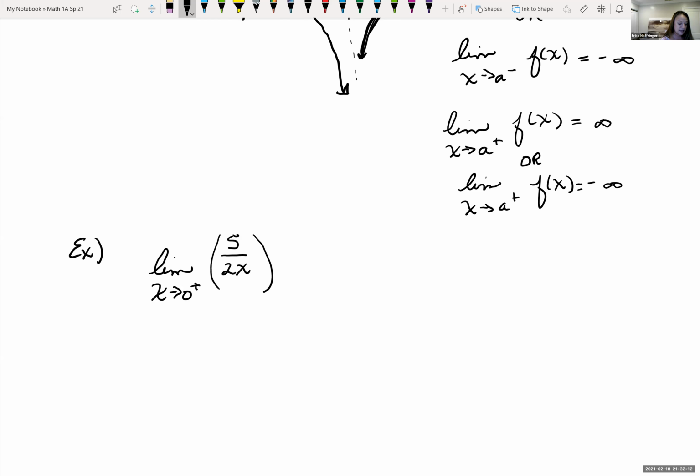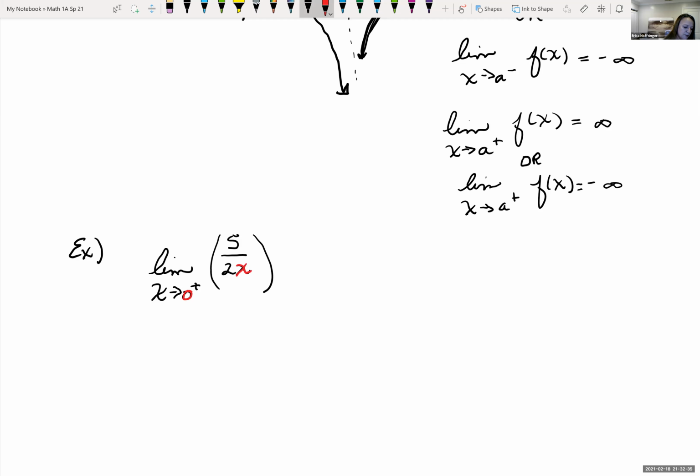Recall, we can tell where vertical asymptotes exist if we have a rational function, 5 over 2x, and there is a value which sets our denominator equal to 0, but not also our numerator. Notice that if we plug in 0, where we see an x here, that sets our denominator equal to 0 and not our numerator.